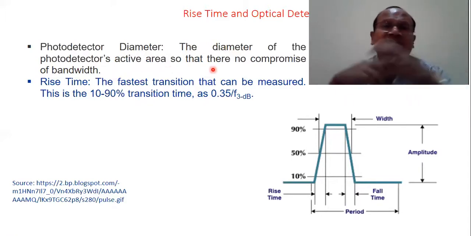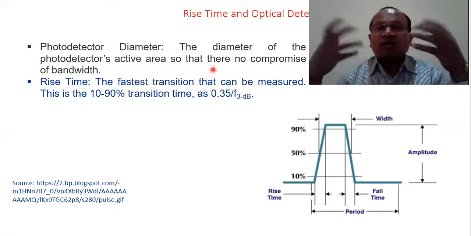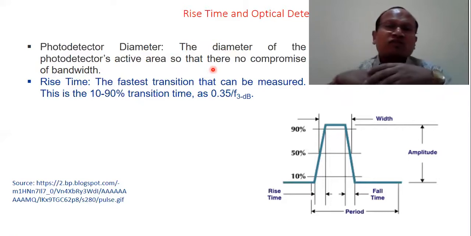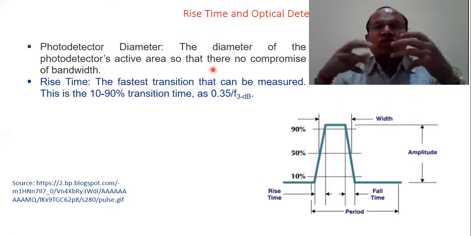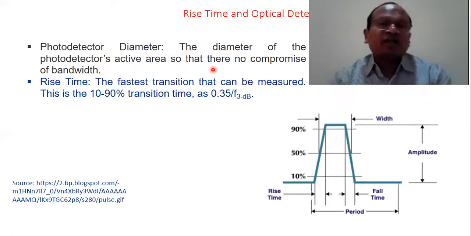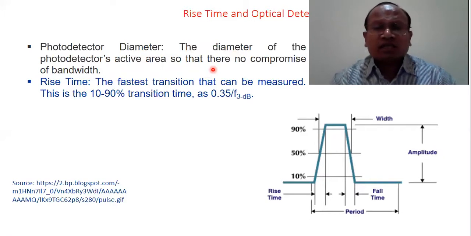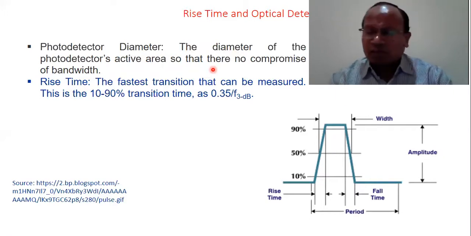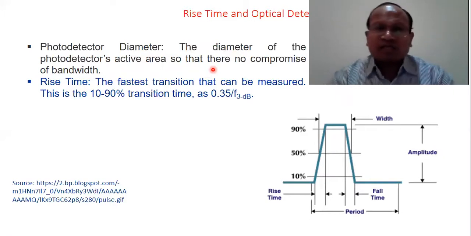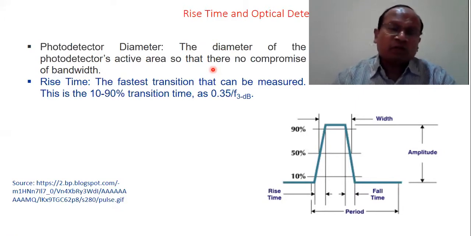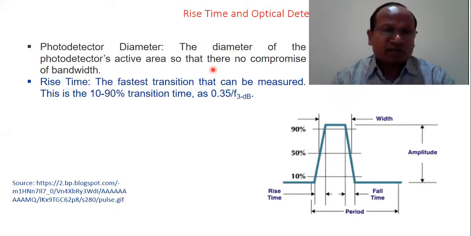You cannot increase the active area beyond a certain value, because you cannot compromise on bandwidth. Bandwidth is not something you can choose freely. It is determined by a number of factors, cost, channel capacity, data rate, and more, when you apply the optical detector in a particular application.